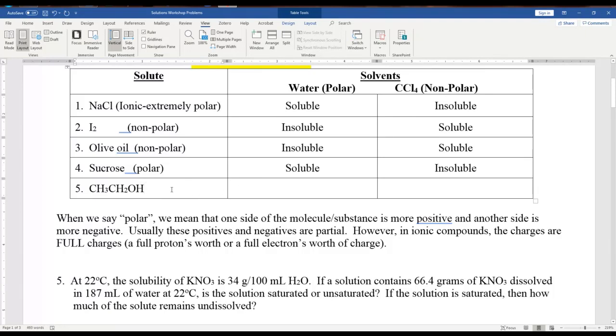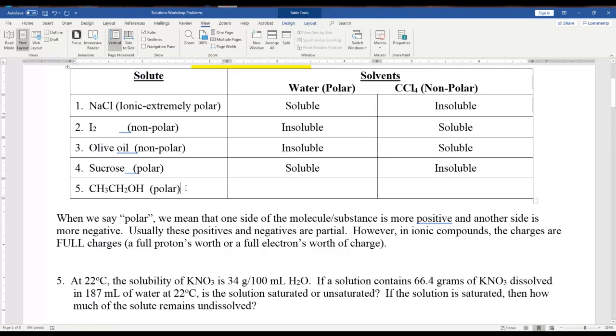So whenever you have an OH, is that going to be polar or nonpolar? What do you think? Actually, anytime you see an OH in a nonmetal compound, that's going to tend to make things polar. And the reason is because it provides what are known as hydrogen bonds.